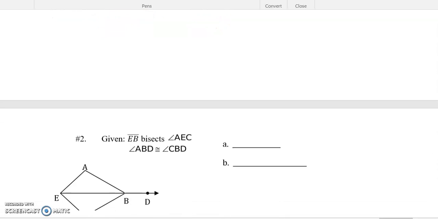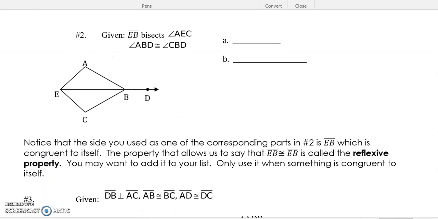For the next one, we have the segment EB bisecting angle AEC. If I'm bisecting angle AEC, that means I'm splitting that angle into 2 congruent parts. My 2 congruent parts will be angles AEB and CEB.